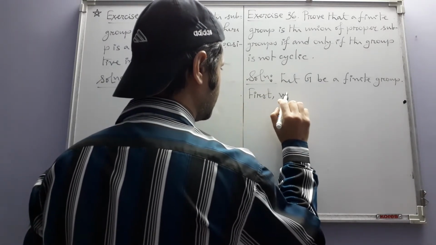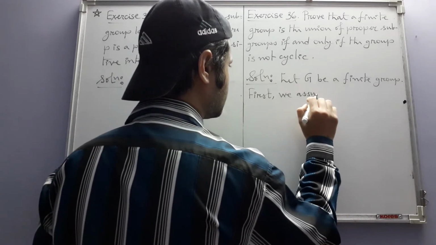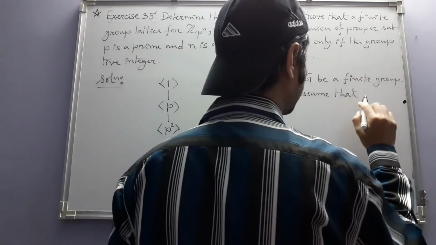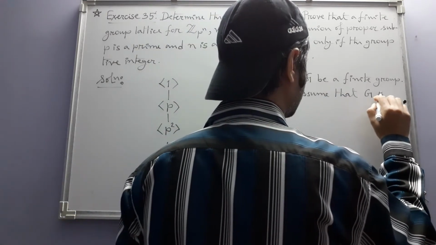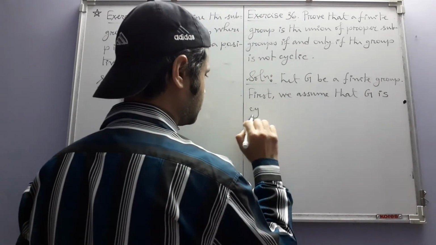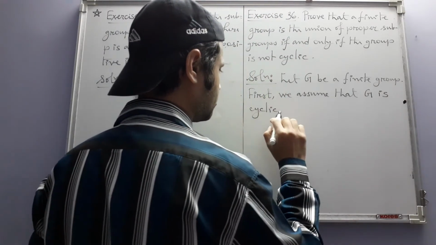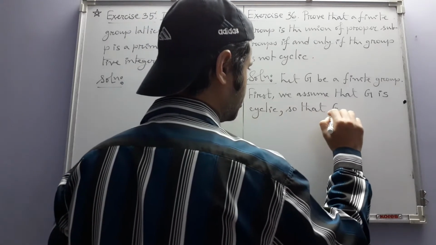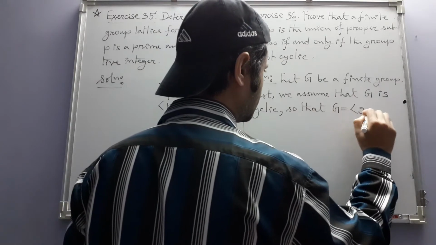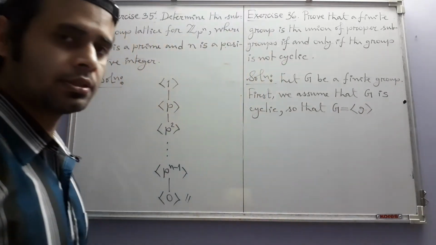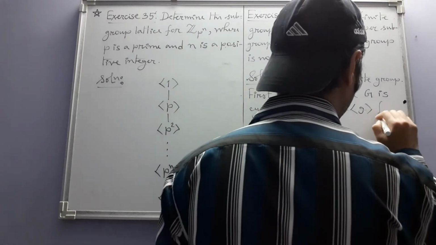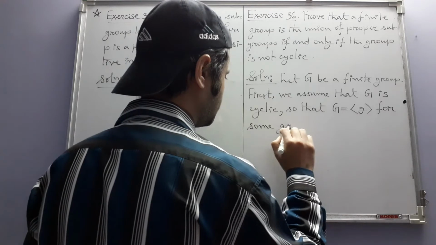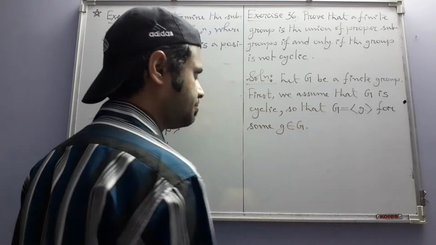First, we assume that G is cyclic, so that G is generated by one of its elements, say g belonging to G.